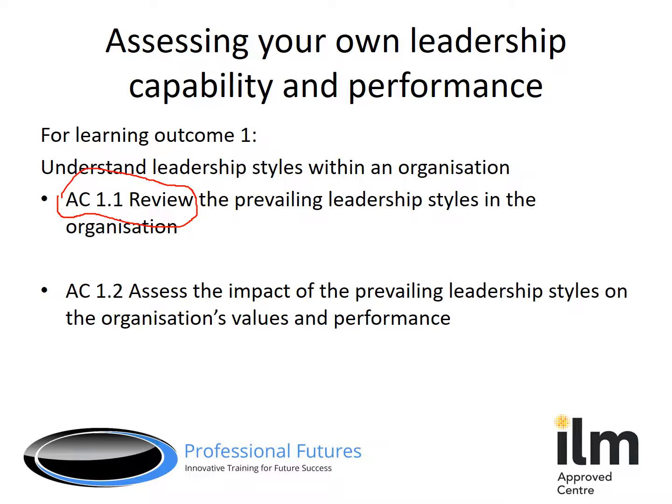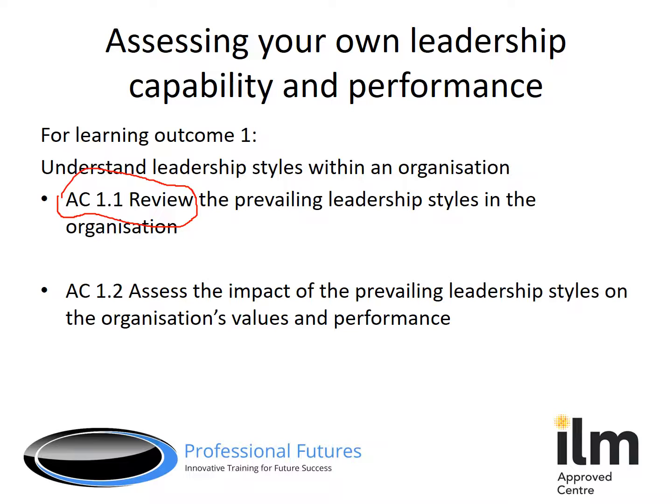So those of you that are studying this on the accredited route, review is one of the key verbs that you need to ensure you do when writing your assignment. So you need to ensure you review the prevailing leadership styles in the organisation.